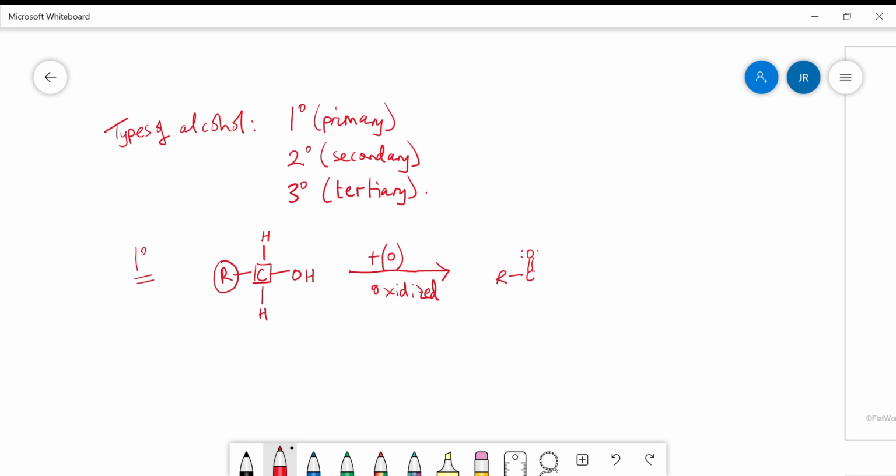I'm not going to bother with these lone pairs because once you do some of them, if you don't do all of them, it's weird. So just assume that the oxygen has its lone pairs where appropriate. So a primary alcohol can be oxidized to an aldehyde, and the other product is water. Okay, so this is an aldehyde.